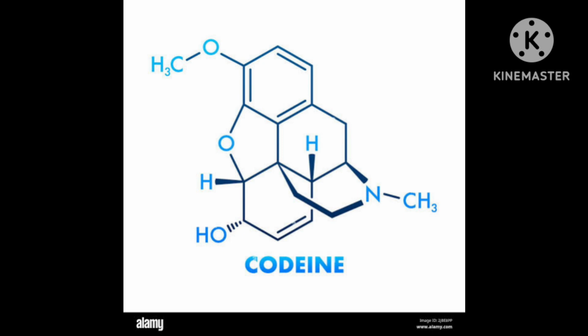This has different properties. Its molecular formula, or chemical formula, is C18H21NO3, meaning 1 mole of codeine has 18 carbon, 21 hydrogen atoms, 1 nitrogen atom, and 3 oxygen atoms.